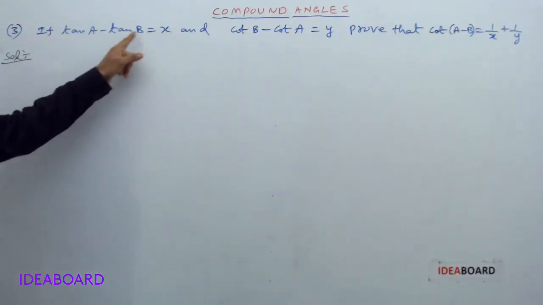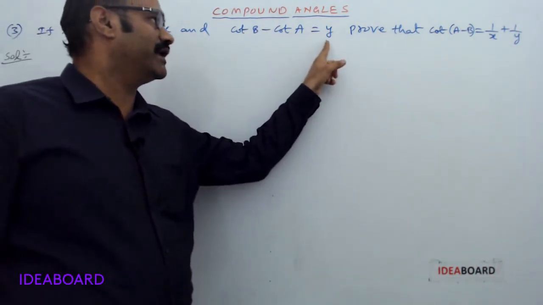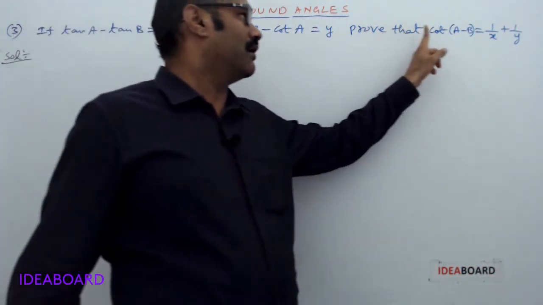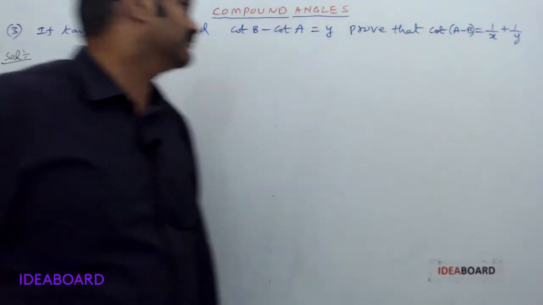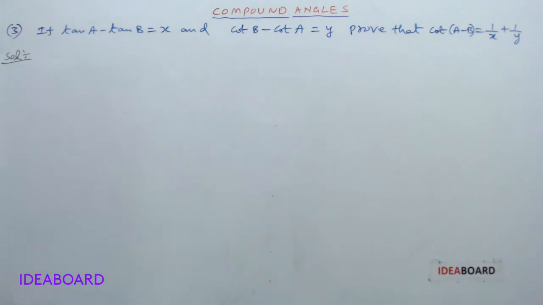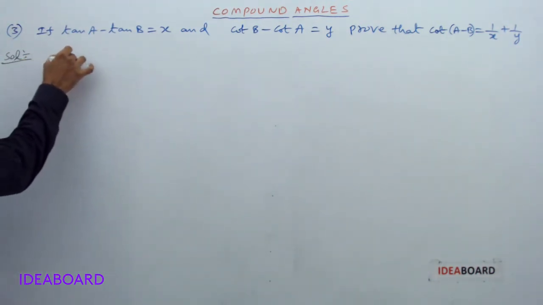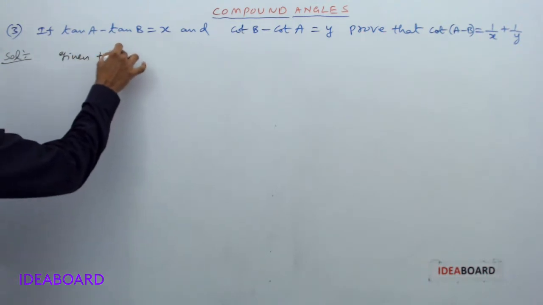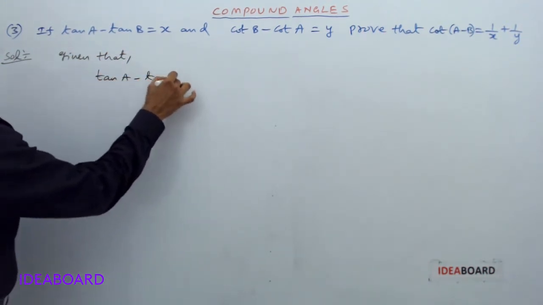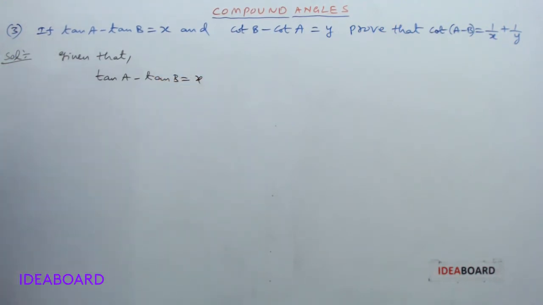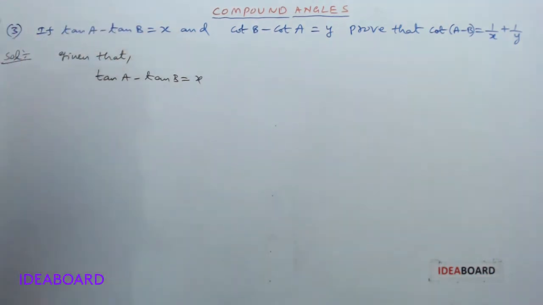If tan a minus tan b equal to x and cot b minus cot a equal to y, prove that cot of a minus b equal to 1 by x plus 1 by y. Given that tan a minus tan b equal to x, also we have cot b minus cot a equal to y.